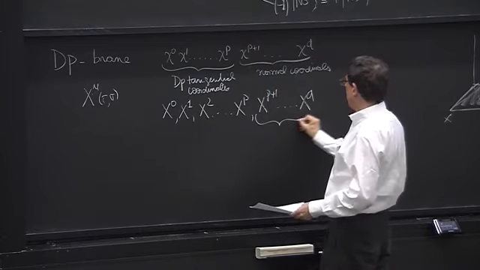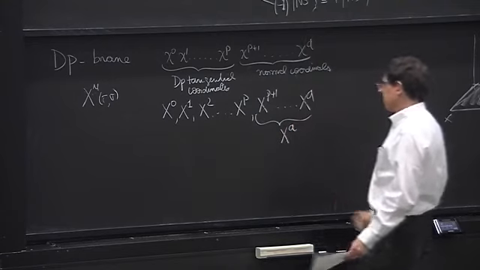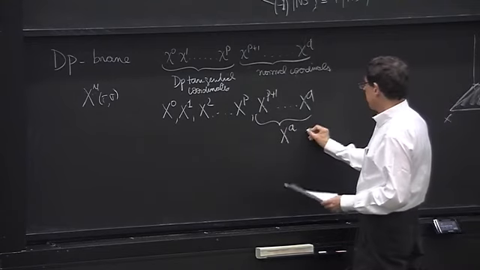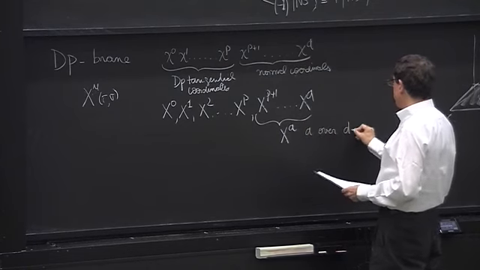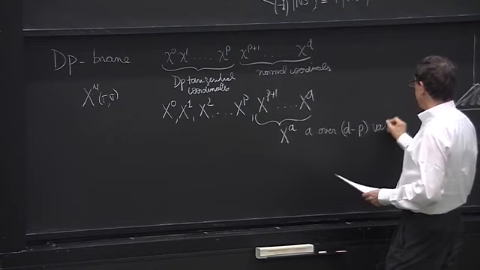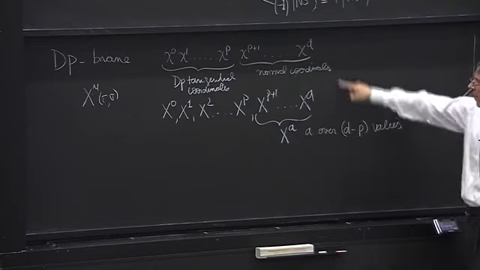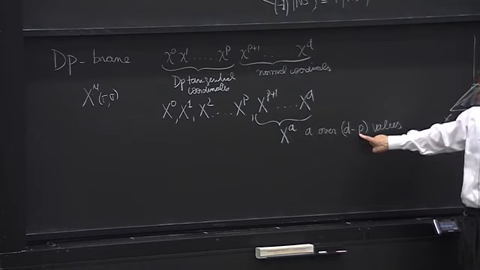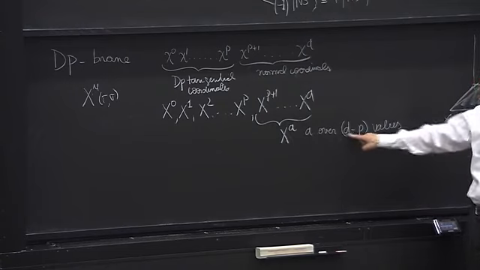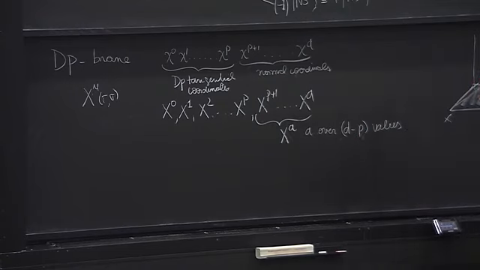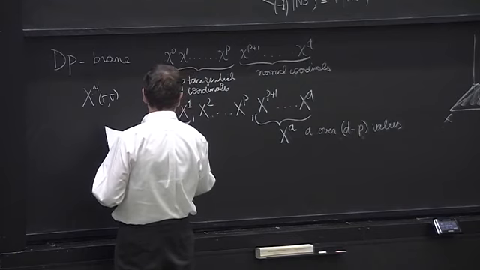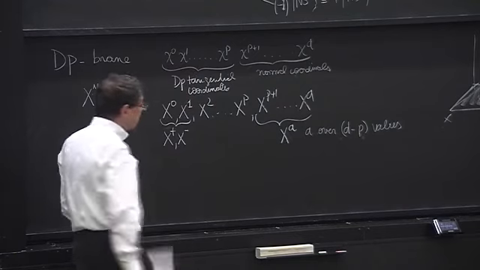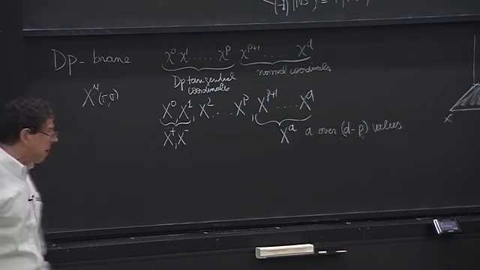And we'll call these ones x^a, with a running over D minus p values. You see, there are a total of D spatial dimensions. There are p spatial dimensions taken by the brane, so there are D minus p spatial dimensions normal to the brane. And here, this we always called x plus and x minus, and these are always free boundary conditions.